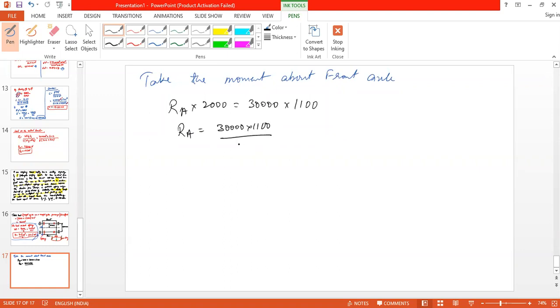Thirty thousand into 1100, divided by 2000. Sir, RA is 16,500, sir. So RA is 16,500. This is the load shared by the axle.